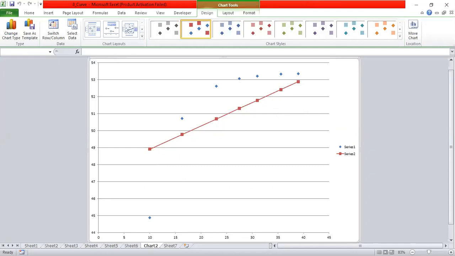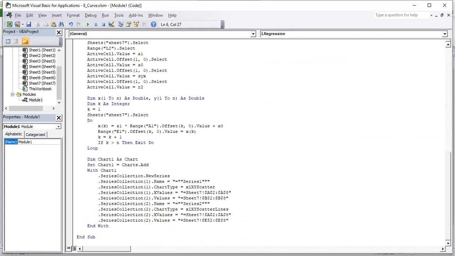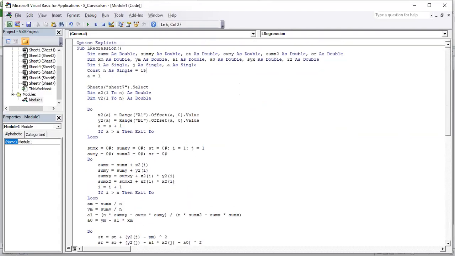So this is how to do it using Visual Basic code. If you want to plot it using MATLAB, I think the textbook has MATLAB code. So you can go through the textbook to look at the code to do the same thing using MATLAB.